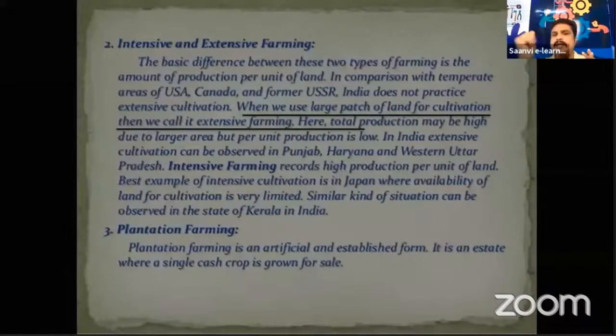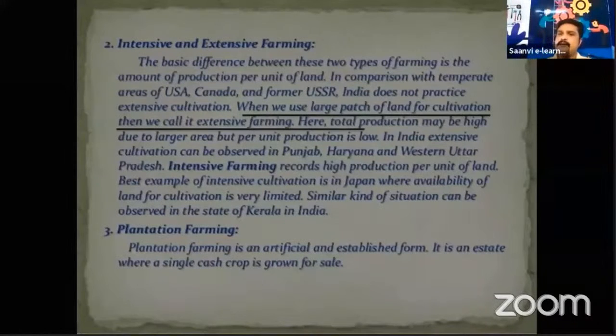And finally, we have plantation farming, like tea and coffee plantations. Plantation farming is an artificial and established farming. It is an estate where a single cash crop is grown for sale. Only that particular crop they cultivate for sale, that we call plantation farming.